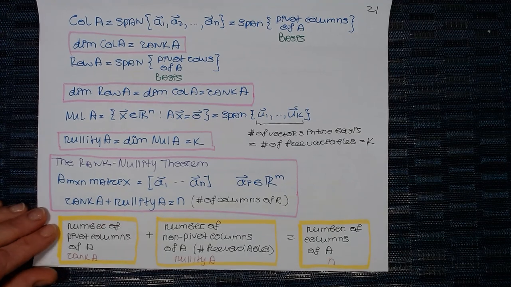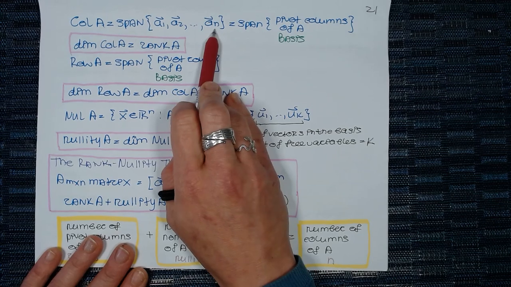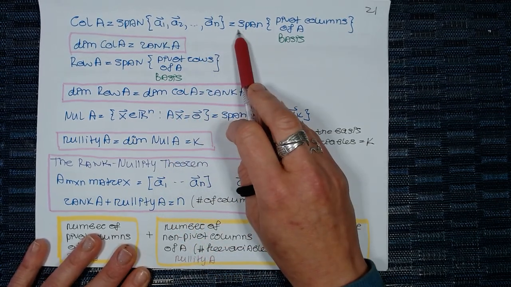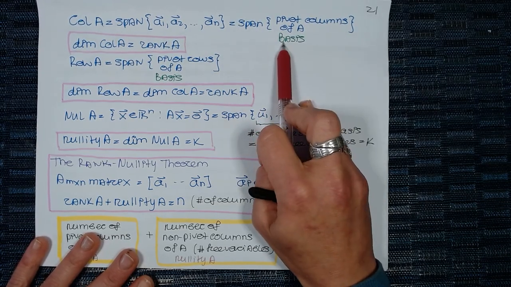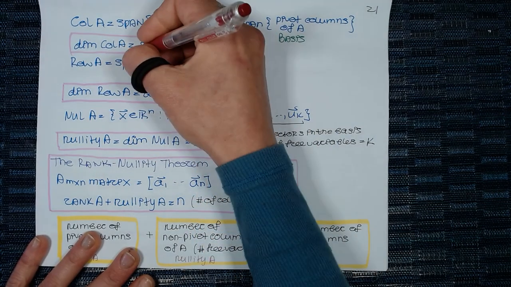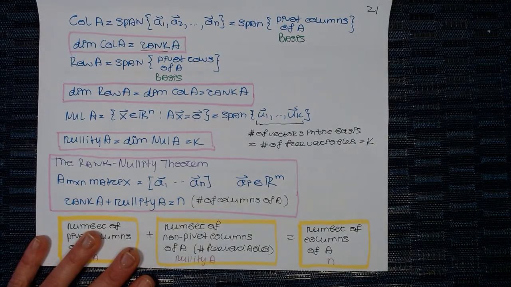Remember, the column space is the space spanned by the columns of the matrix A. To find a basis for it, we took the span of just the pivot columns of A. The dimension of the column space, another name for it, is the rank of A. So the rank of A is the dimension of the column space. For row spaces, the row space of A is the span of the pivot rows of A, which form the basis.